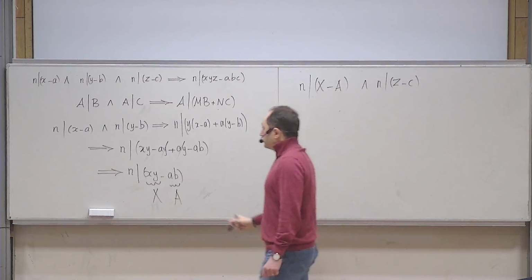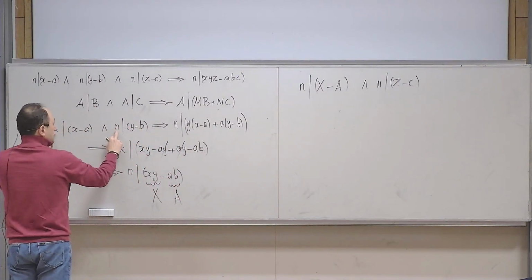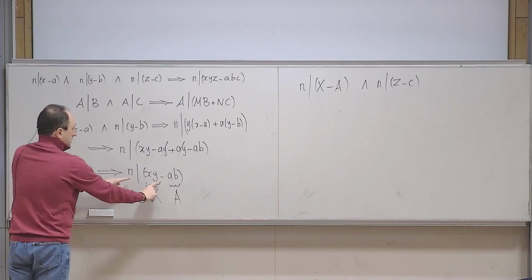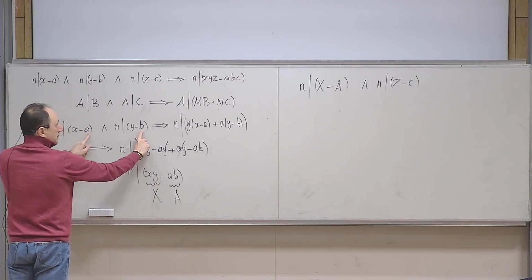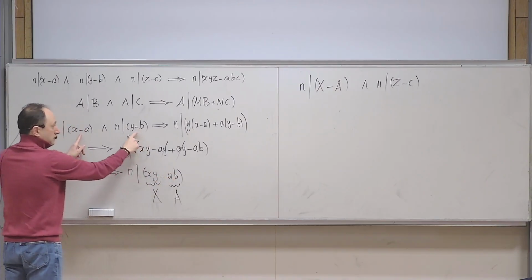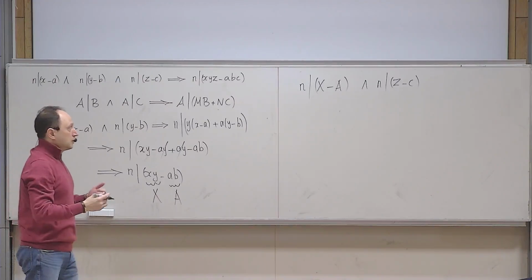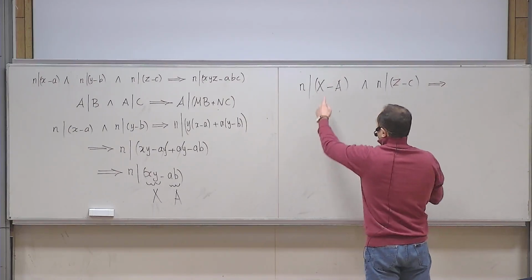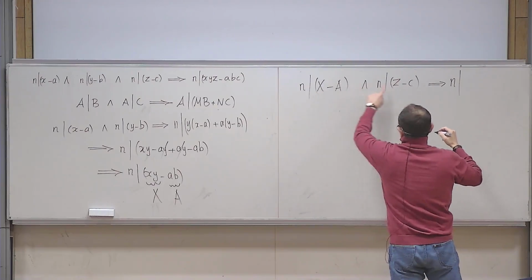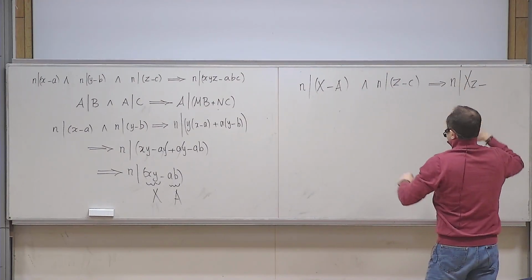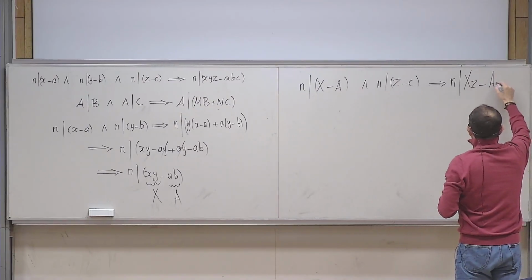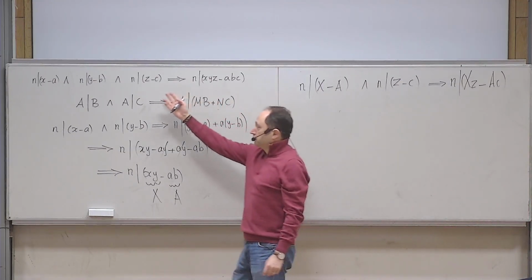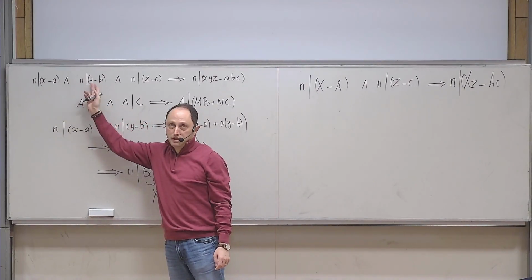So what I was able to show here is that if you have these same n's, you can multiply the first numbers, write xy, minus the product of the second numbers, and the divisibility is still valid. So I want to use the same argument. This implies that if I multiply capital X by z, minus capital A times c, n divides that. So I proved this statement for the case that I have two divisibility relations.